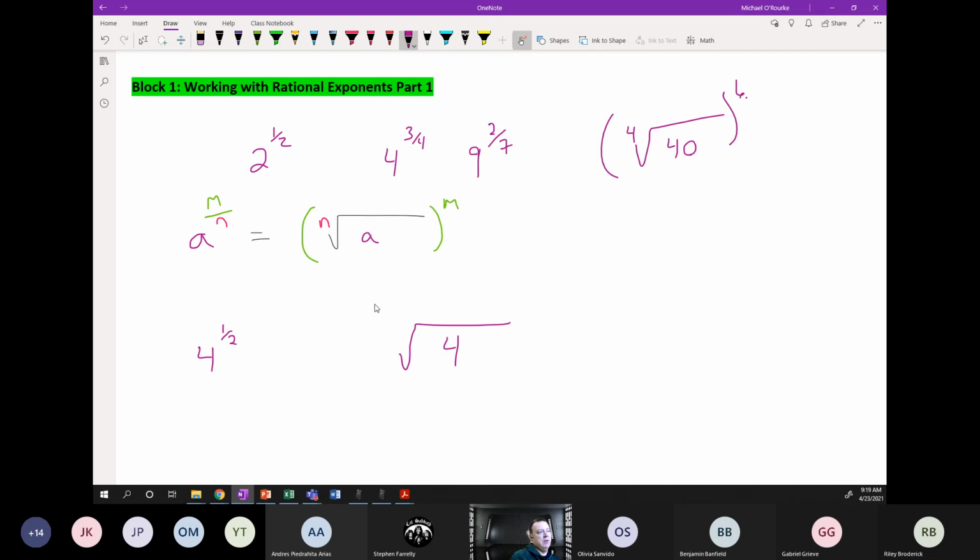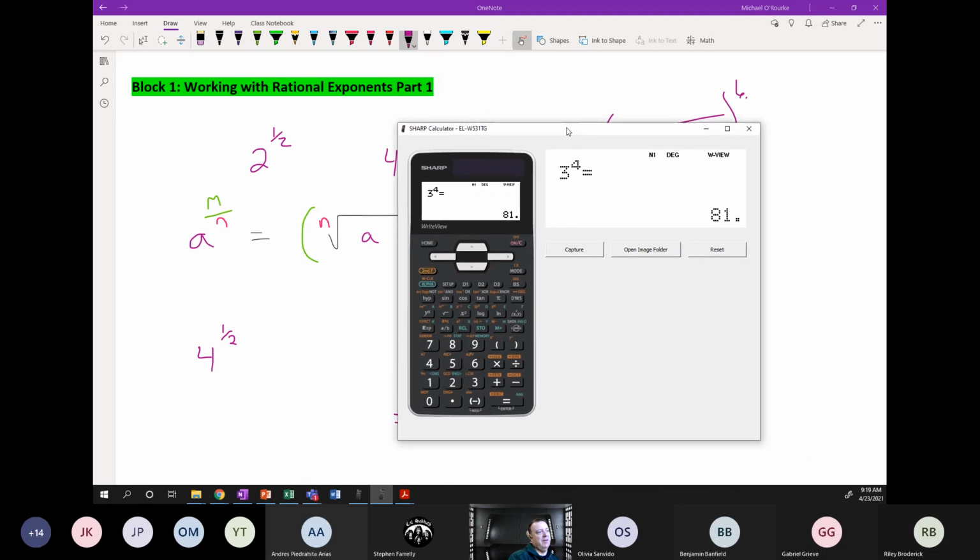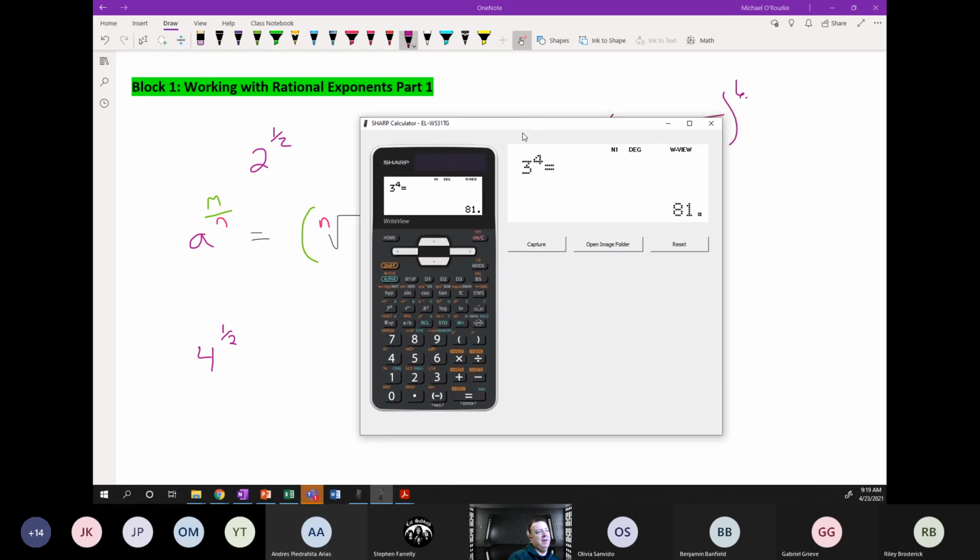Well, first things first, the square root of 4, everyone should know, is 2. We all have agreement on that? The square root of 4 is 2? All right, perfect. If we don't have agreement on that, we got issues. Now, in order to plug 4 to the exponent of a half, we can use our calculator here.